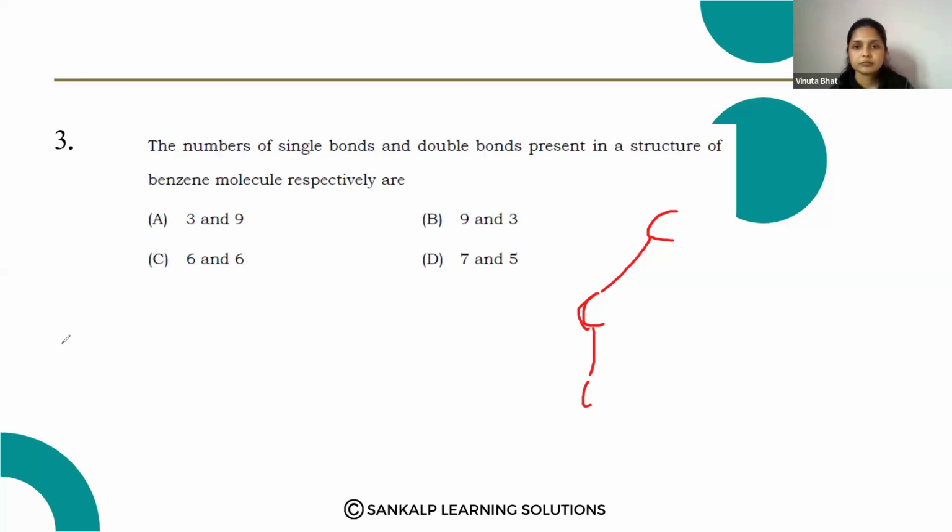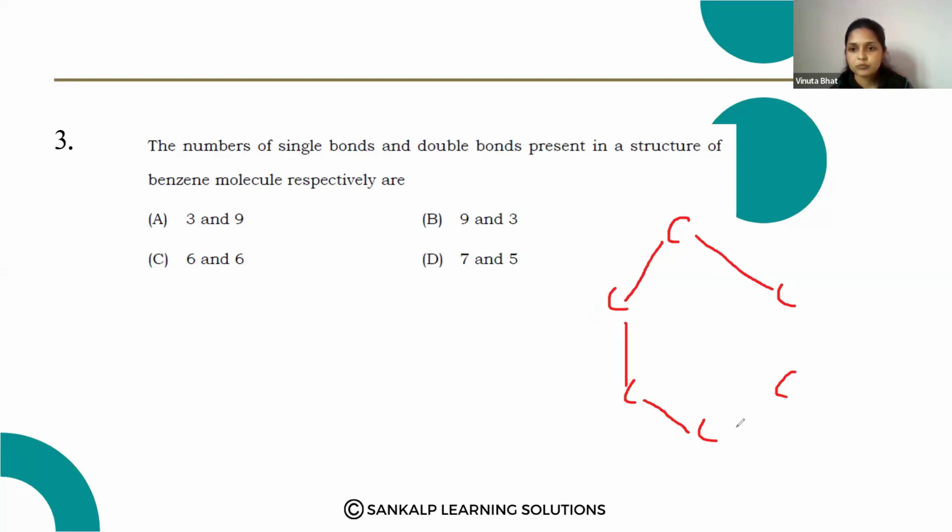Just a minute. 1, 2, 3, 4, 5 and 6 carbon atoms. Just join these. Yes, so here the formula is C6H6, right? Hydrogen is attached to each carbon like this.